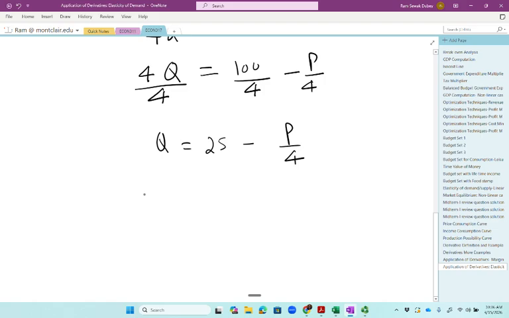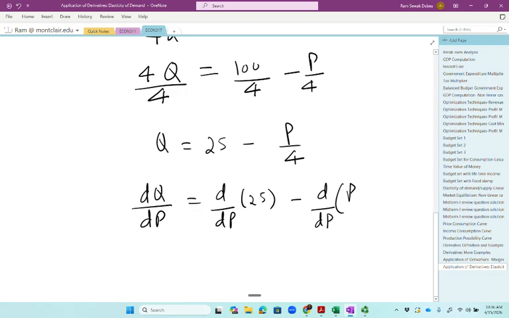Now we are ready to take the derivative of Q with respect to P, which is the derivative of the constant term 25 minus the derivative of P over 4 turns out to be 0 minus 1/4.